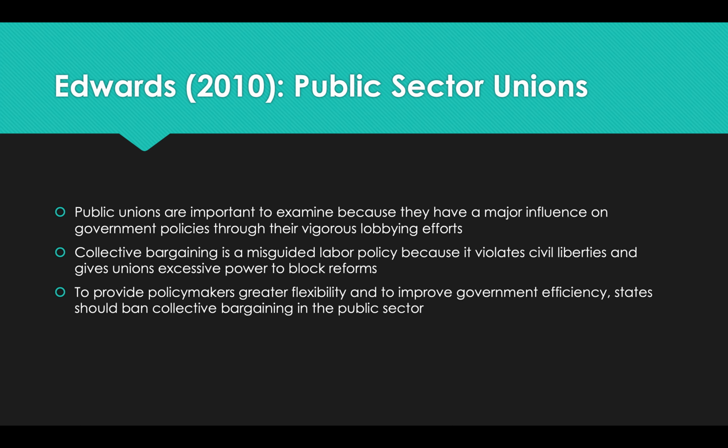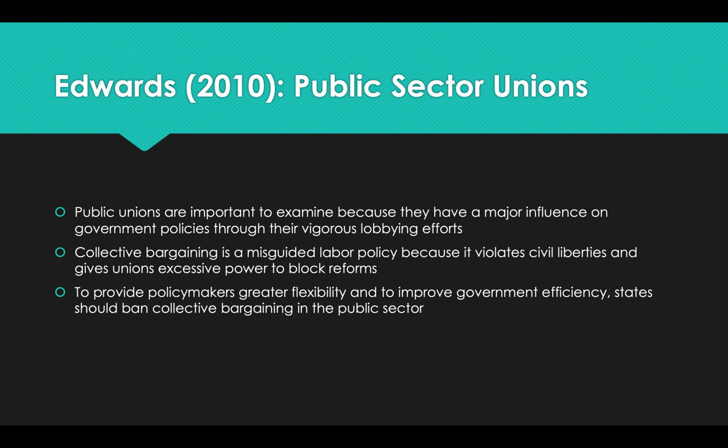The takeaway point from the Edwards policy brief is that to provide policymakers with greater flexibility and to improve government efficiency, states should ban collective bargaining in the public sector. So basically the argument here is take away collective bargaining rights from public employees.